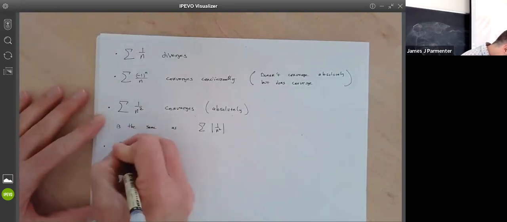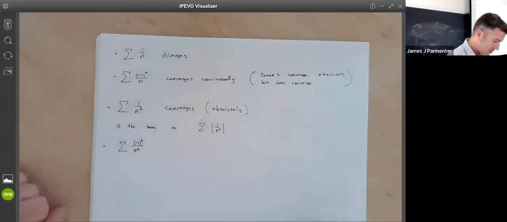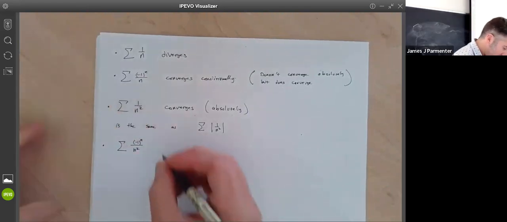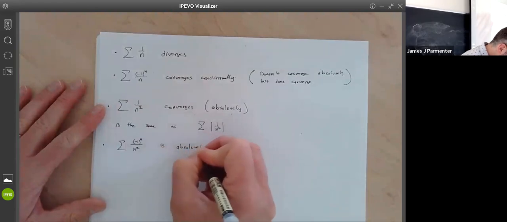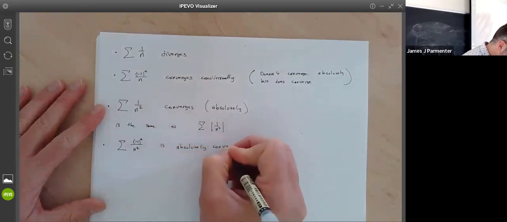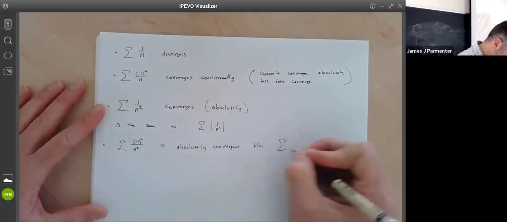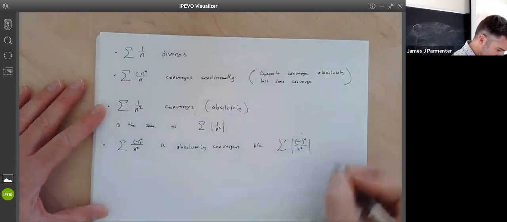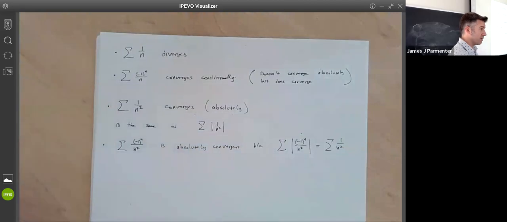On the other hand, if we were looking at this series, we already know it's absolutely convergent because we know what its absolute value looks like. So this is absolutely convergent, or you could say converges absolutely. It means the same thing. Because the series of absolute values of its terms equals the sum of 1/n², which is convergent.